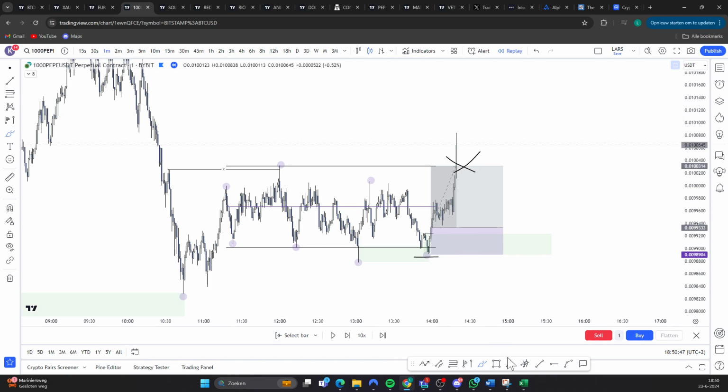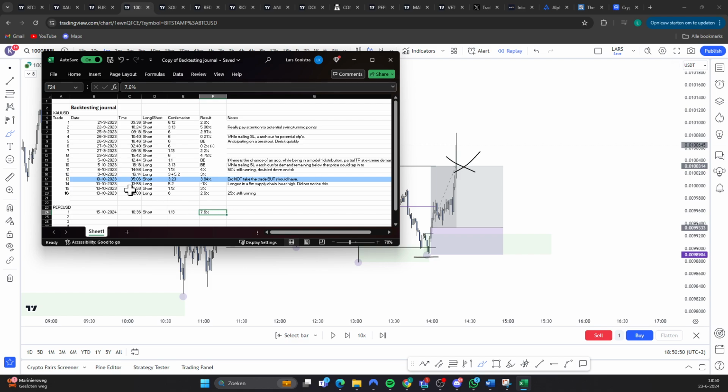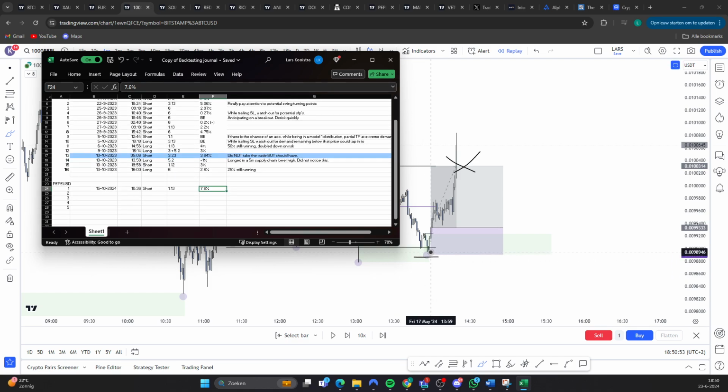Okay. So for now, we're going to say the 17th, 10:17, 10:59. We go long. The confirmation is technically a model 1, and then this can be the LPS.